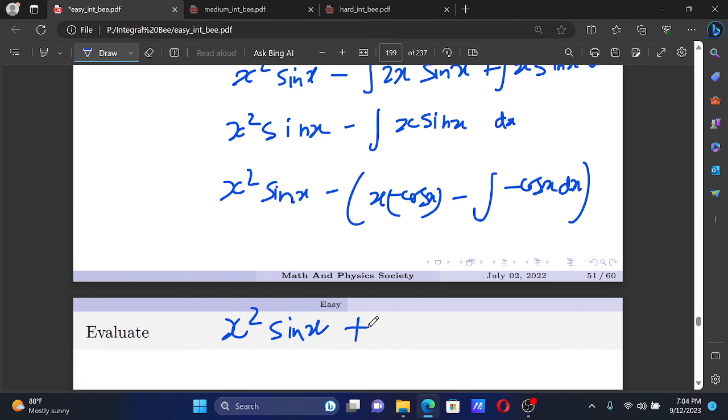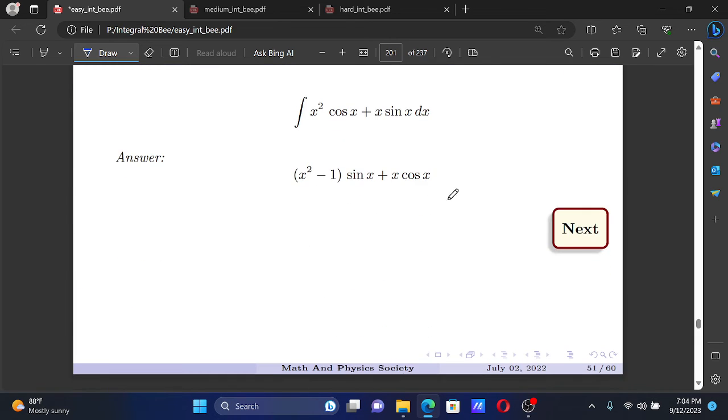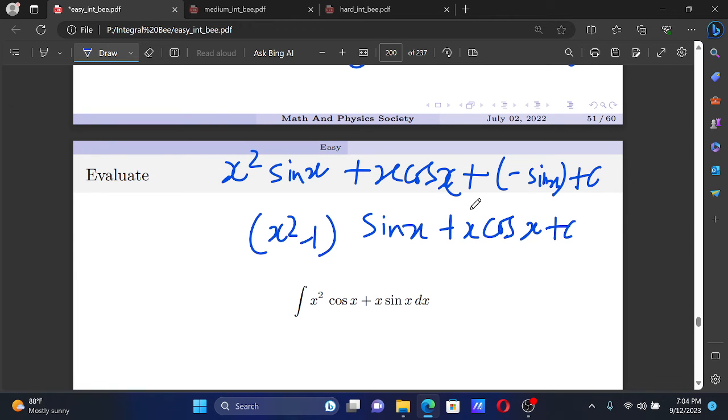This should be x cos x, and this should be minus minus plus, and integral of minus cos x is again minus sin x plus c. So this is x square sin x plus x cos x minus sin x plus c, and we can just take here x square minus 1 sin x plus x cos x plus c.